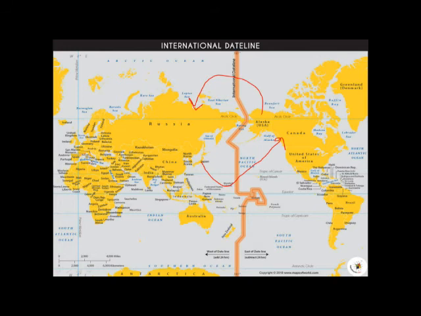For example, the time is 6 a.m. on Tuesday, 26 December at 180 degrees east on the Asian side, but after crossing the longitude, the time is 6 a.m. one day back, which is the 25th of December on the American side. As a result, crossing the international date line eastward, Christmas Day gets repeated.